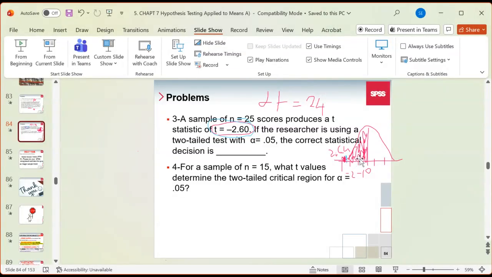So keep in mind the t is negative 2.6, and the critical region starts at the critical value. Okay, it's negative, so that means you are in the rejection region.